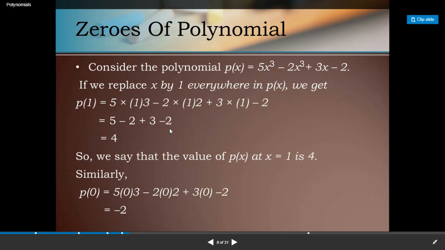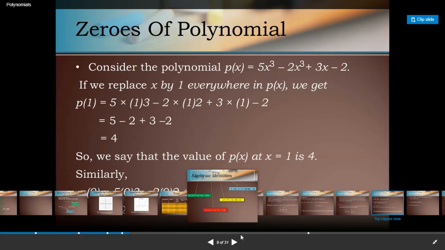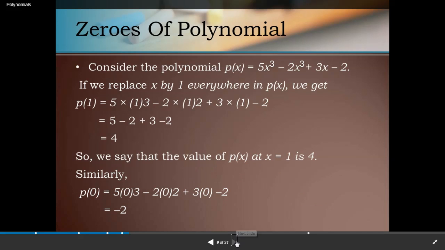When we solve this, we get 4. So the value of p of x at x equals 1 is 4. In the same way, p of 0 is minus 2. They are called the zeros of the polynomial.